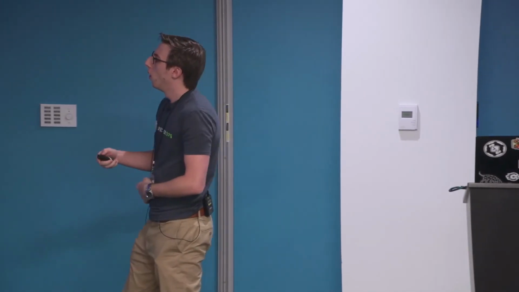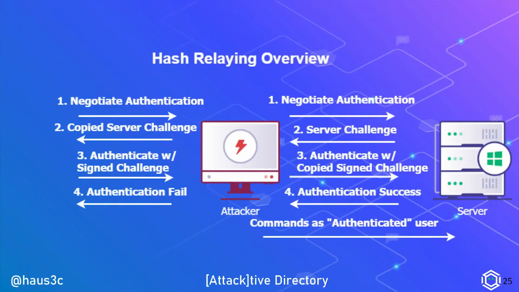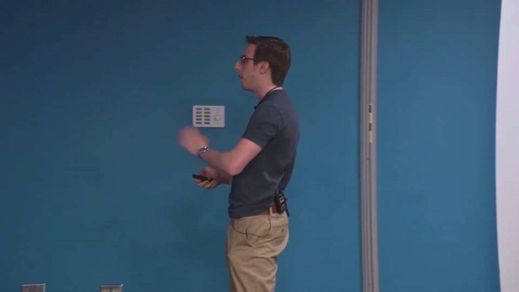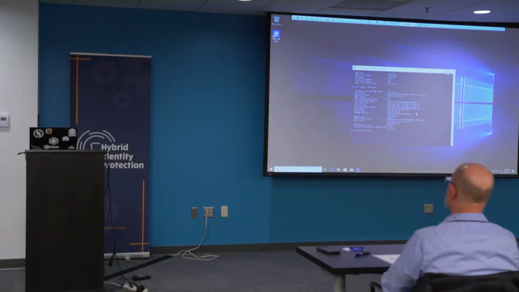Well, with hash relaying, what the attacker does is they sit in the middle of this whole exchange, and they watch it go back and forth until the very last part, where the attacker, instead of relaying the authentication success back to the actual user, takes that for themselves. And that way, the server thinks the attacker is the one who is actually authenticated. So then the attacker can send commands as the authenticated user. So I'll show you what that looks like.